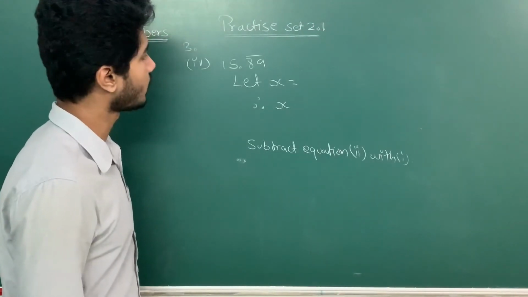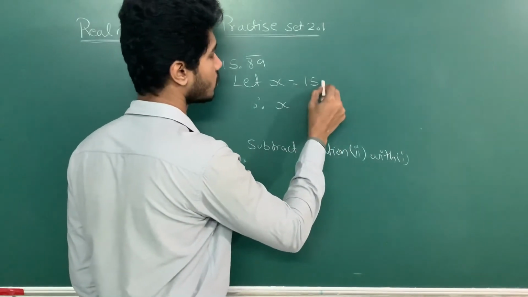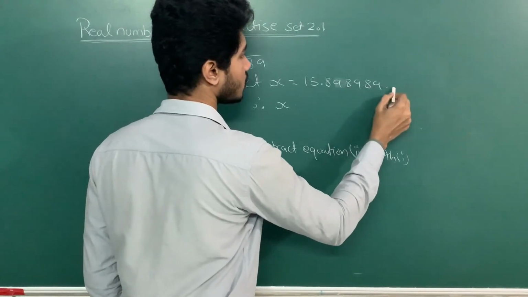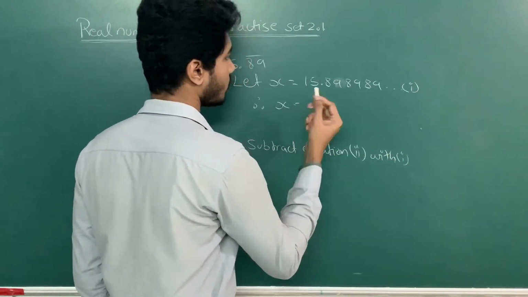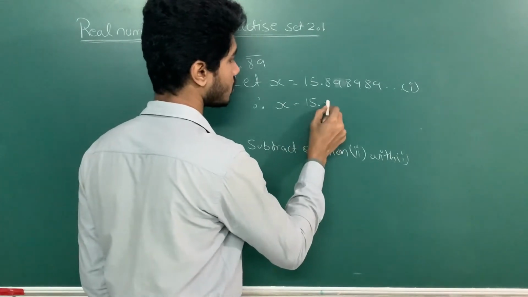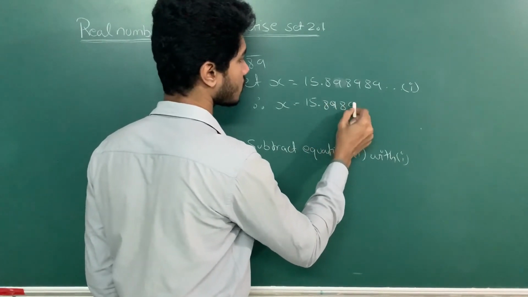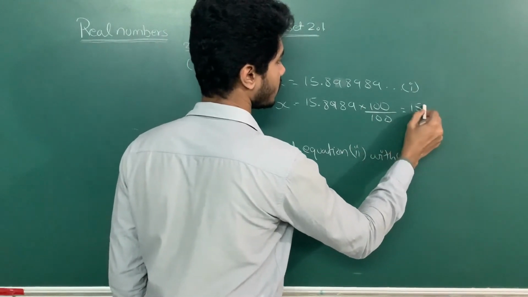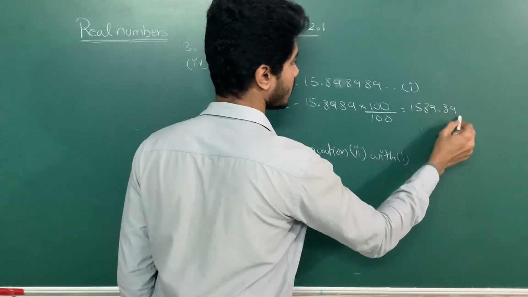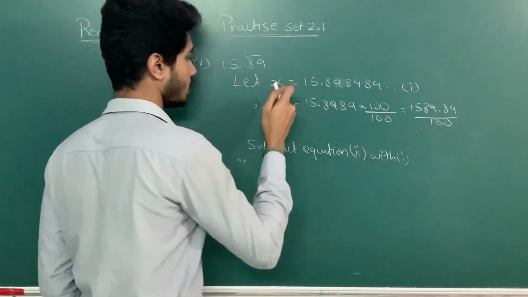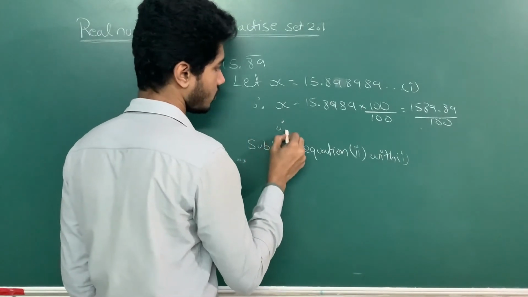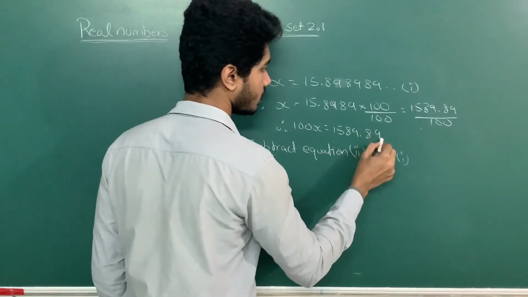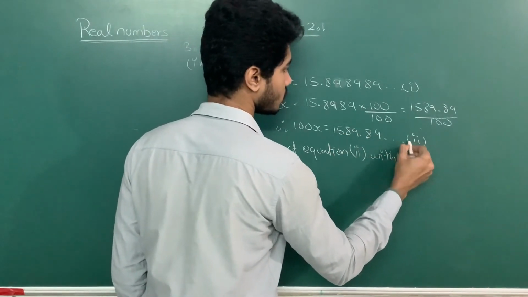Fourth question, 15.89. So there are two numbers which are getting recurring after the decimal. Let this be equation 1. So you're going to multiply and divide by 100. You get as 1589.89 upon 100. You shift the 100 towards the x, so you get therefore 100x is equal to 1589.89. Let this be equation 2.